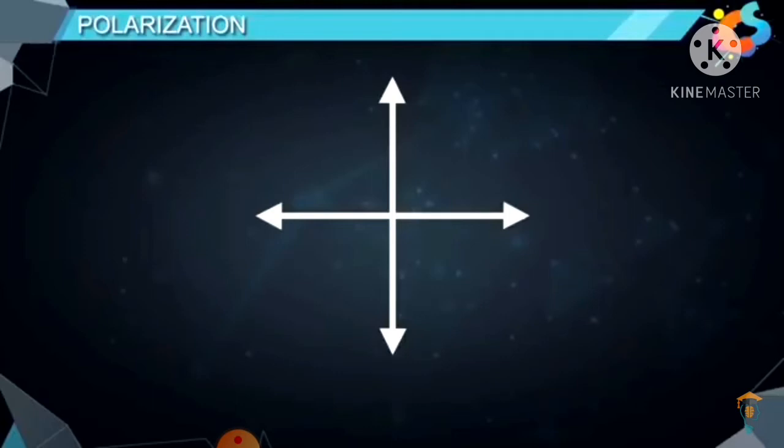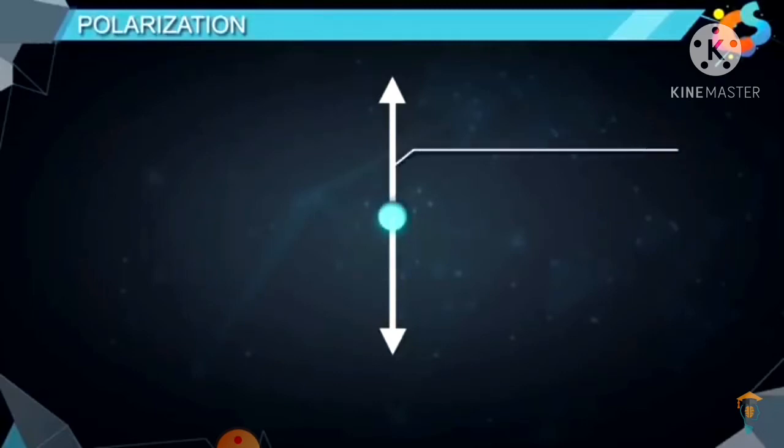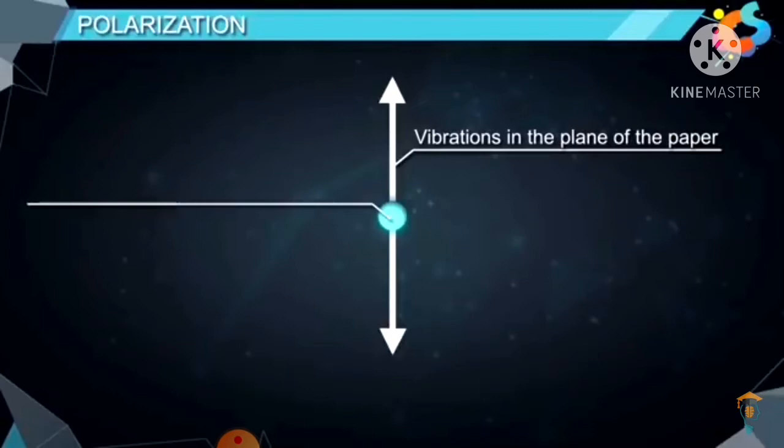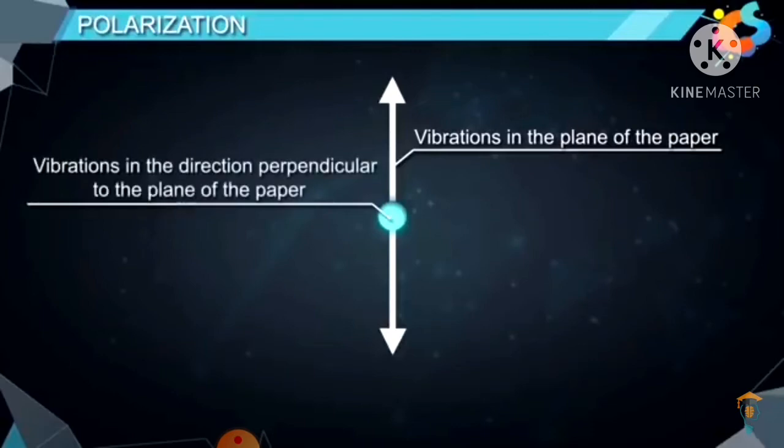However, this is only a front view of the wave. In the side view, the wave is represented in this way. Here, the arrows represent vibrations in the plane of the paper and the dots represent vibrations in the direction perpendicular to the plane of the paper.